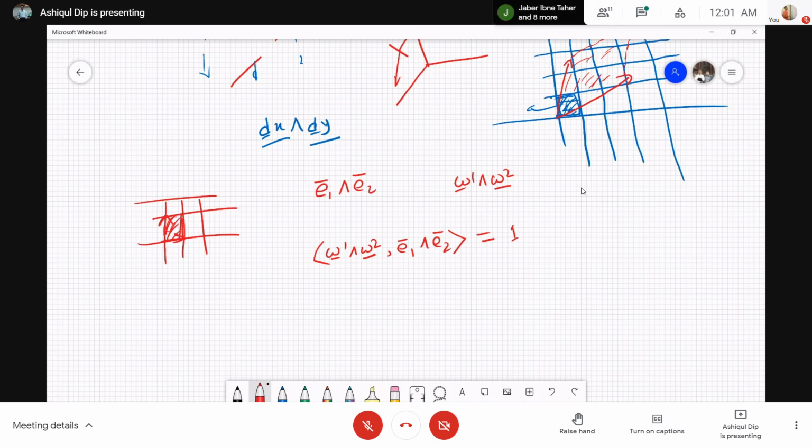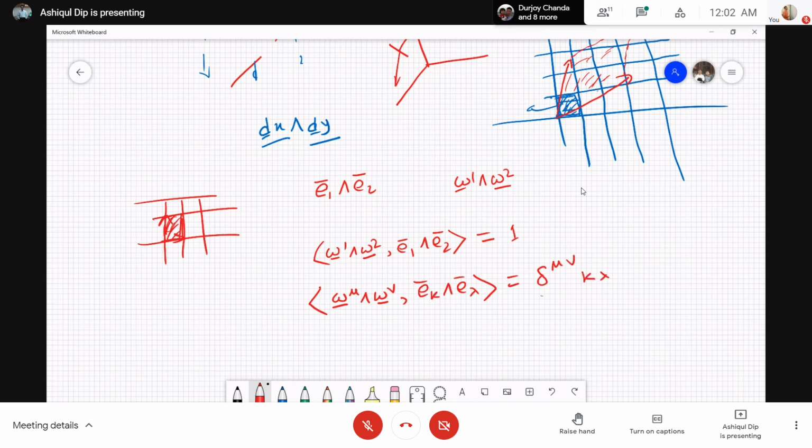So the way we extend this result is like this: omega mu wedge omega nu, say two 1-forms, pierced with 2-vector, that is e kappa wedge e lambda. The piercing is defined by Kronecker delta mu nu kappa lambda.